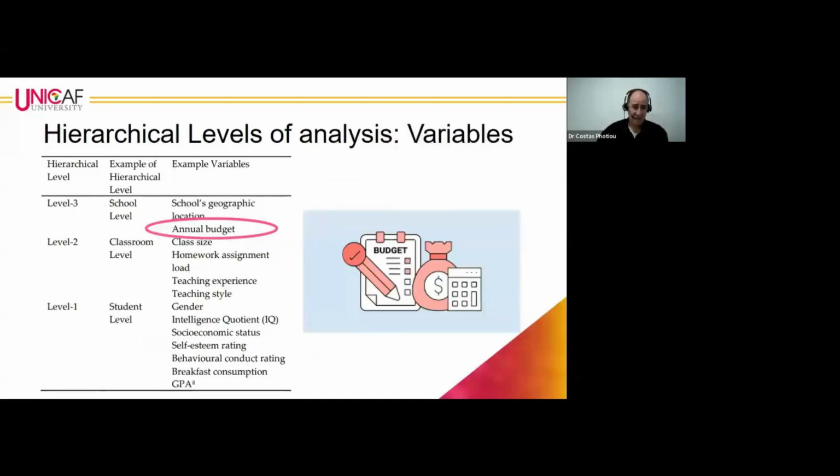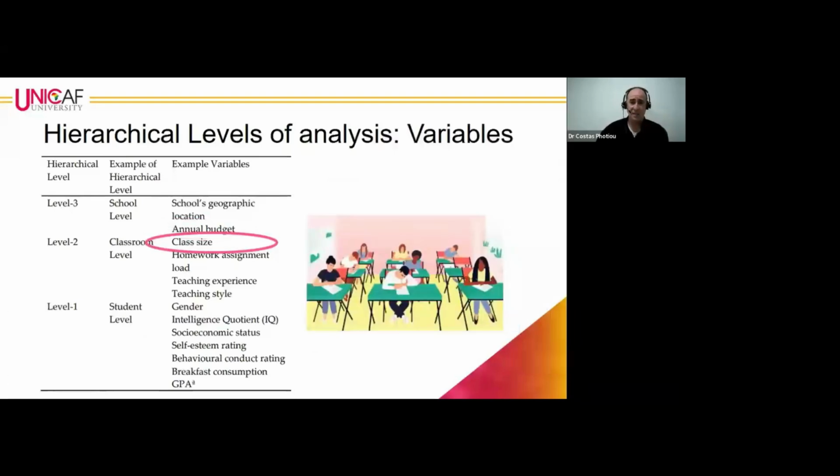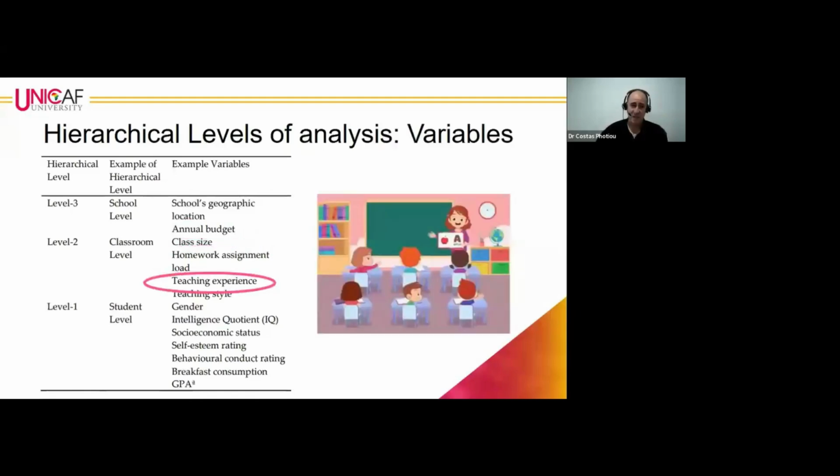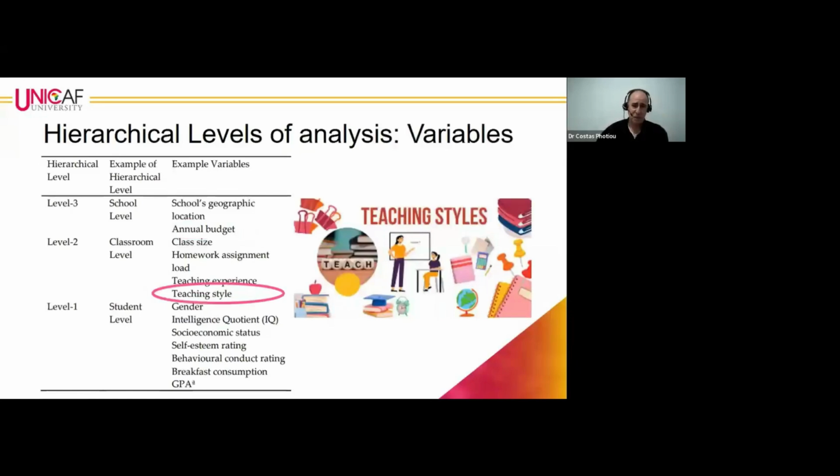Looking at the class level now, perhaps the class size could also have an impact on some outcomes, because one could argue that the more students, the less knowledge and less satisfaction. Also, the homework assigned load, and perhaps the teaching experience and teaching style. So all these factors can influence level 2 variables, which is the classroom level.